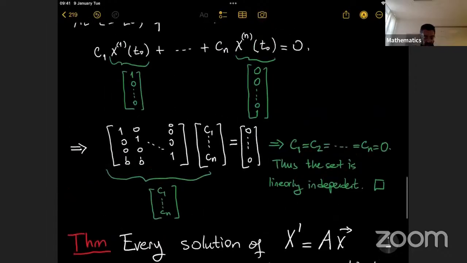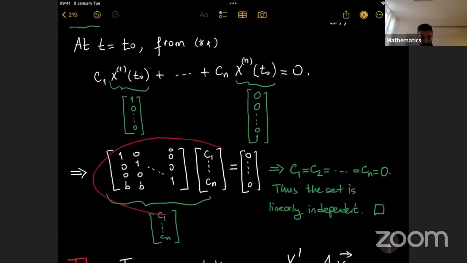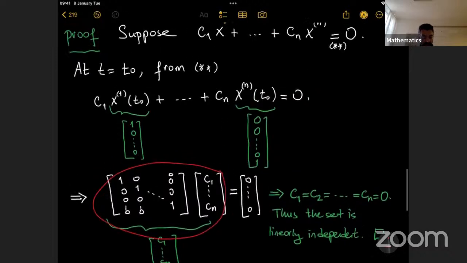Okay, there's one question, how we get this here. Well, this is equivalent to that one, okay? If you expand this, maybe let me write this here.